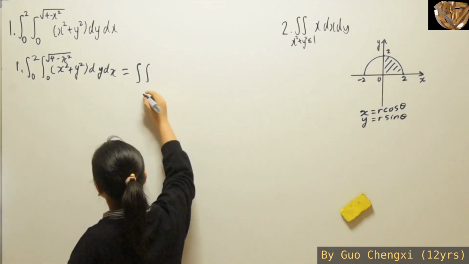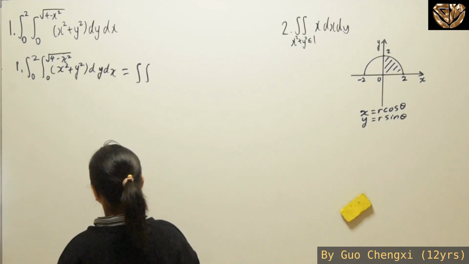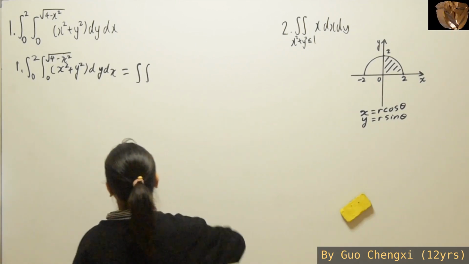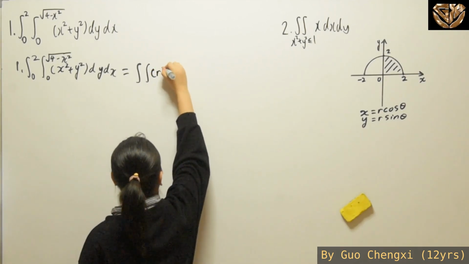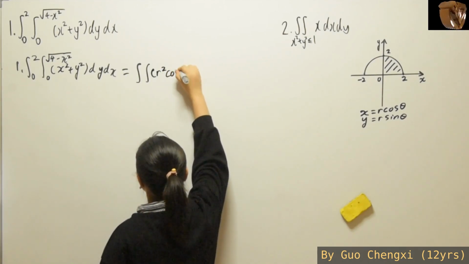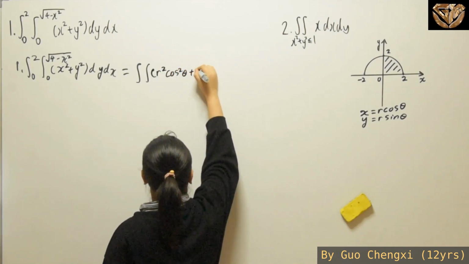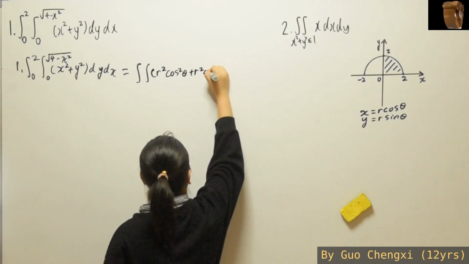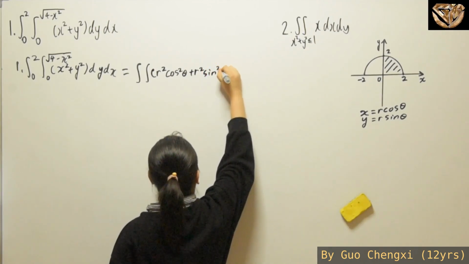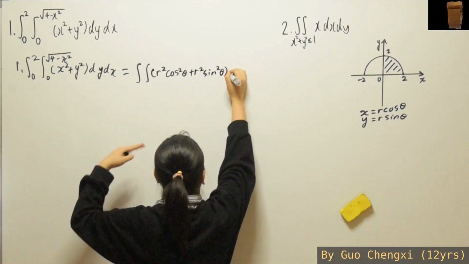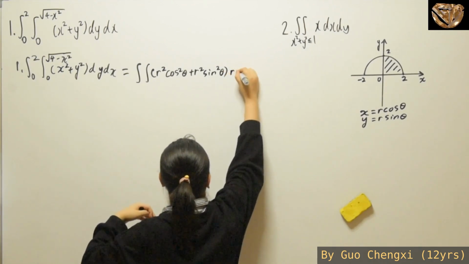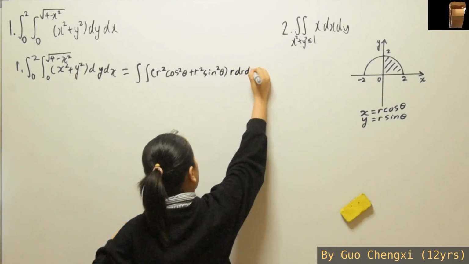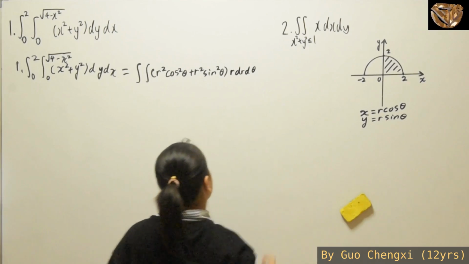So here we have r squared cosine squared theta plus r squared sine squared theta. And remember, when you change dx dy to dr d theta, it becomes r dr d theta in order to get the same area.